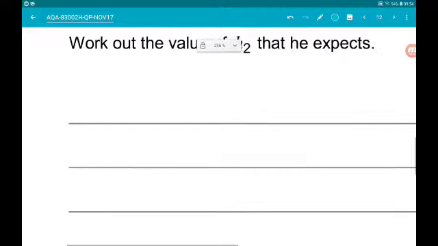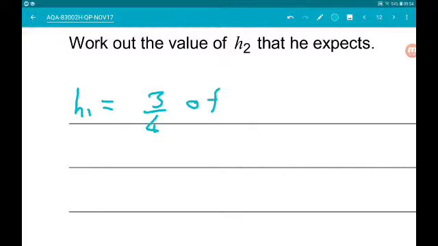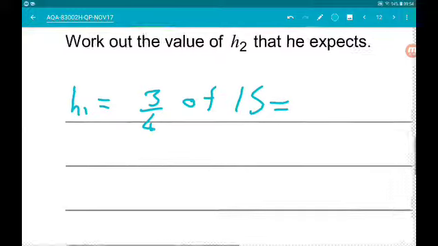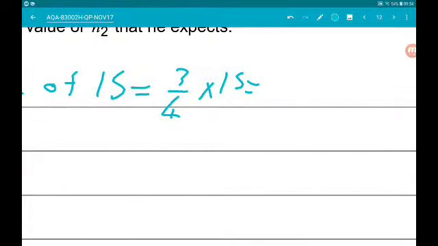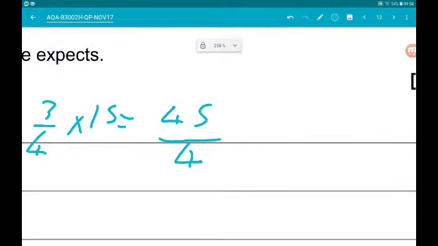Okay, so H1 is 3/4 of 15. Now I'm just going to leave this as a fraction until the end. So 3/4 of 15 means 3/4 times 15, which is 45 over 4, which I suppose we could say is 11.25. It's not as horrible as I thought.